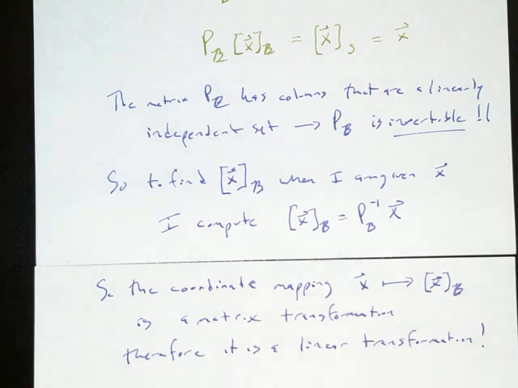So finding coordinates takes any vector space and transforms it into Rn.